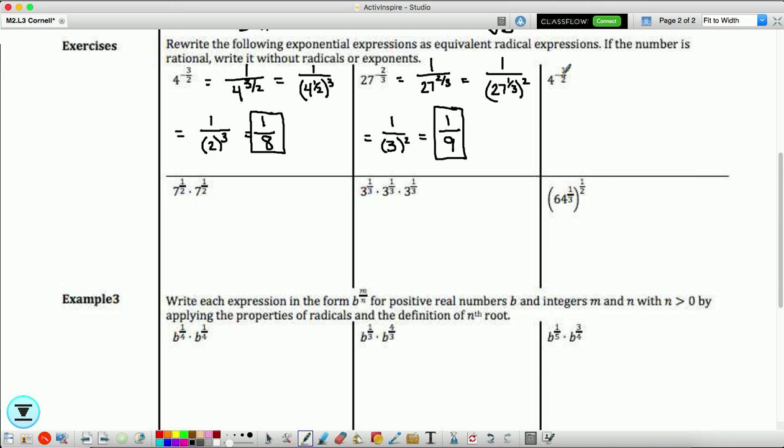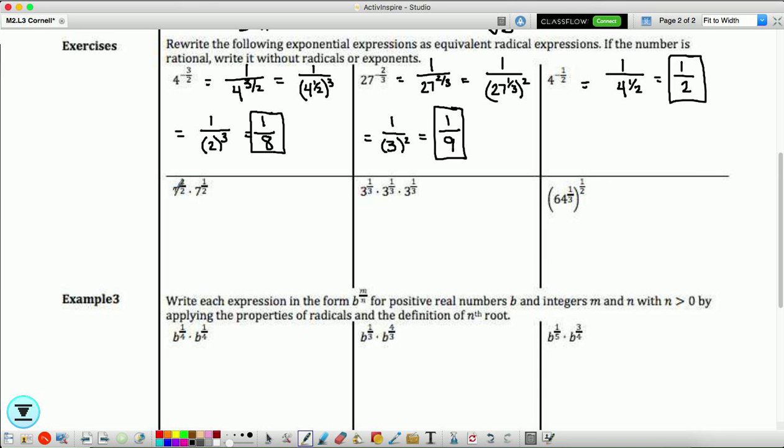This one will be an easy one. The 1/2 we already know is the square root, so this one I would write again as the reciprocal, so 4 to the 1/2 power, meaning that I'm taking the square root of 4, so 1 over 2. The square root of 4 is just 2.